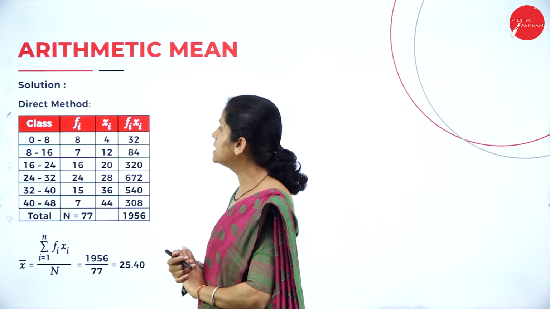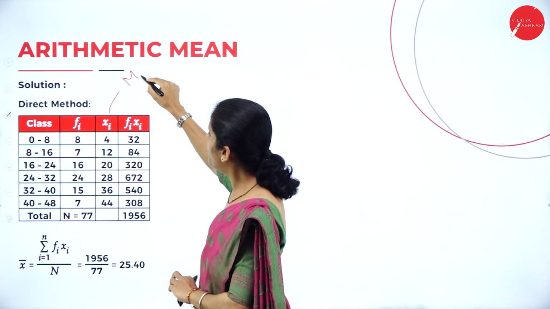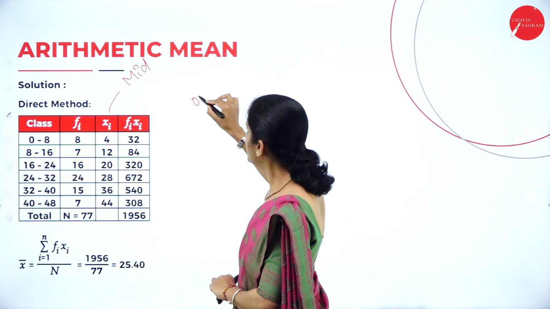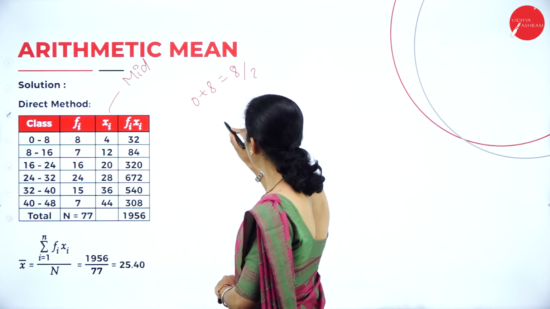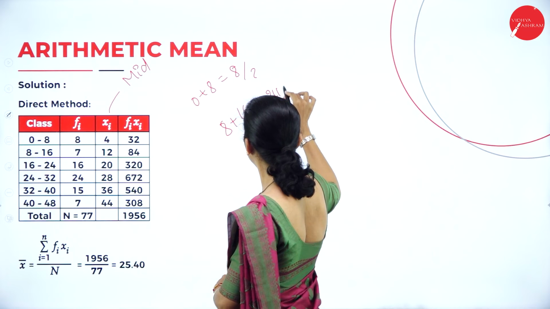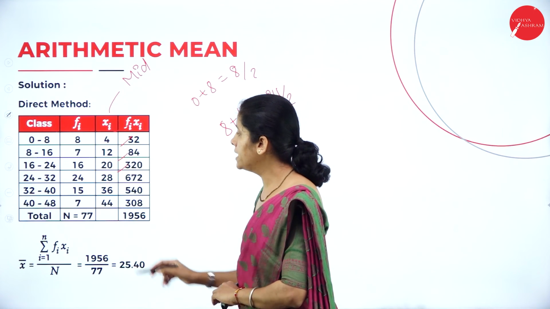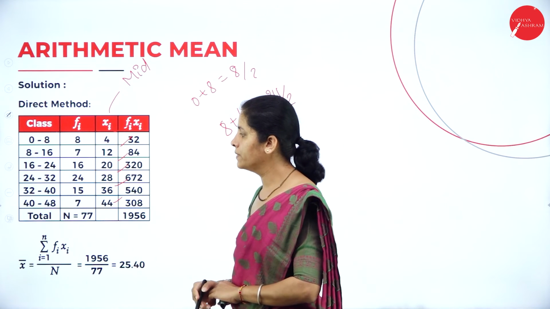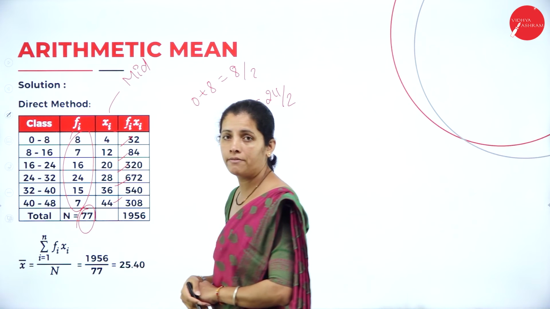So fi is 8. Xi is nothing but the midpoint. So 0 plus 8 is 8, by 2. Now 8 plus 16 is 24, divided by 2. So 4, 12, 20, 28, 36 and 40. And when I add all these values, the answer is 77.